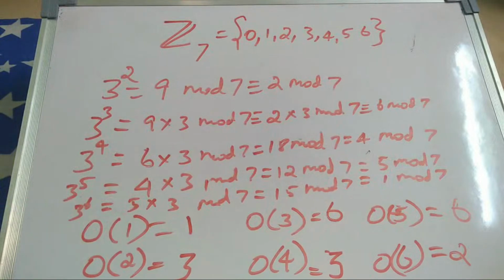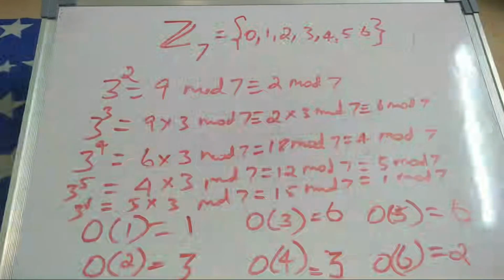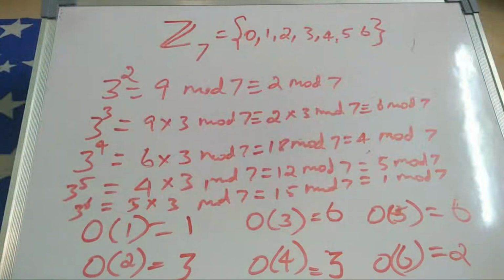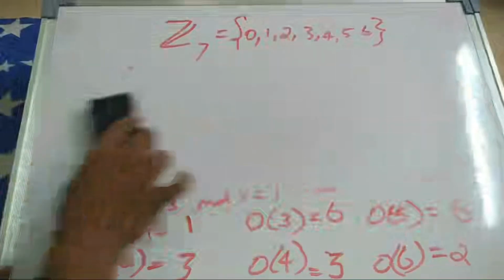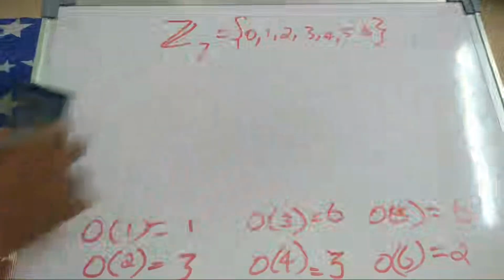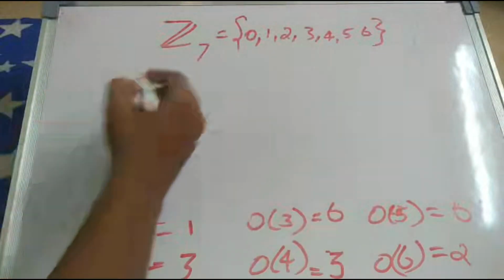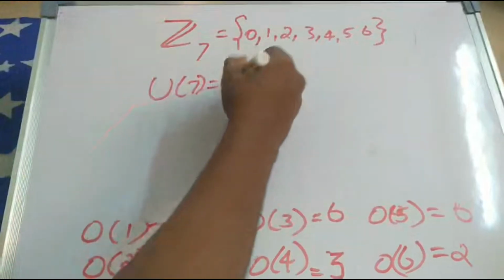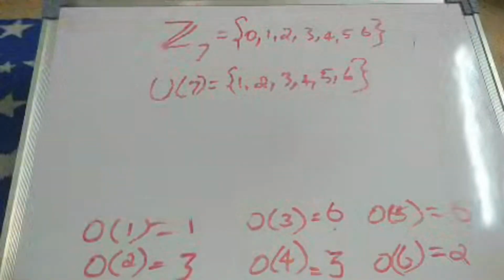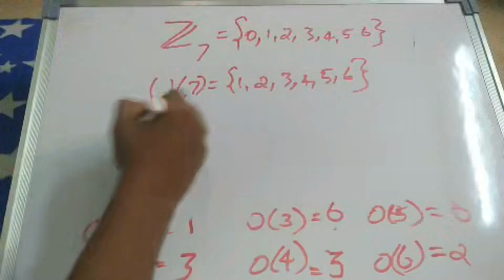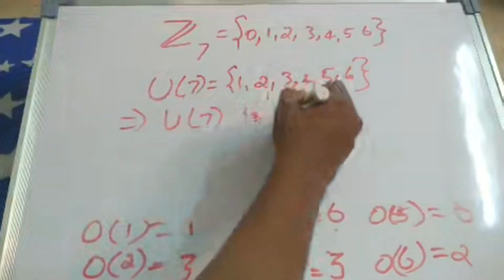And yesterday we had a fact that whenever a group is of order n and it has an element of order n, then the group is going to be cyclic. So since U of 7 has an element of order 6, it implies U of 7 is cyclic.